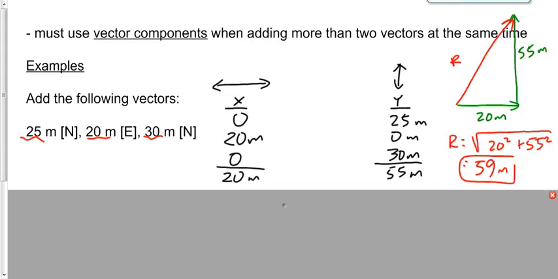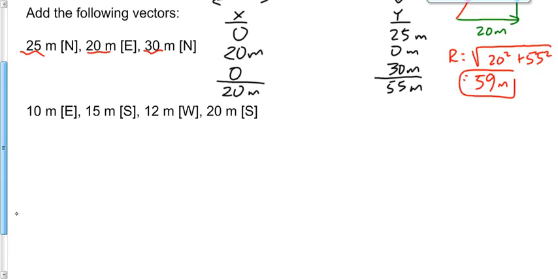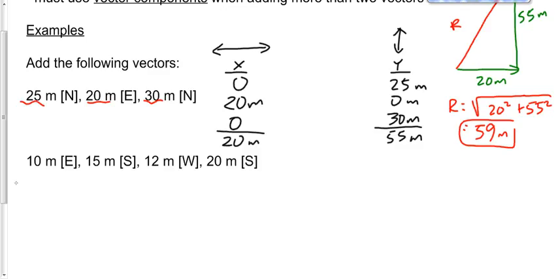Let's try one more example, okay, and then we'll set you free to do a little bit more work. Oh my goodness, this one's 4 vectors. That's okay. We can deal with that now, right? We can deal with pretty much anything now. 10 meters to the east, 15 meters to the south, 12 meters to the west, 20 meters to the south. You can't just say 10 plus 15 plus 12 plus 20 equals, what is that, 25, 37, 57, because that would be adding scalars, and that's a grade 1 thing.